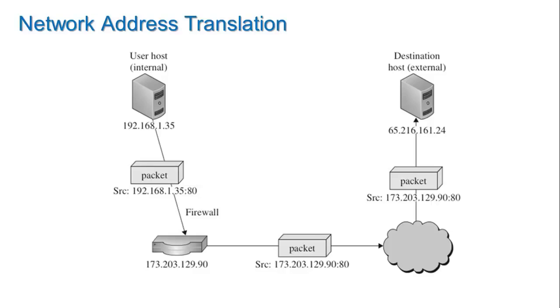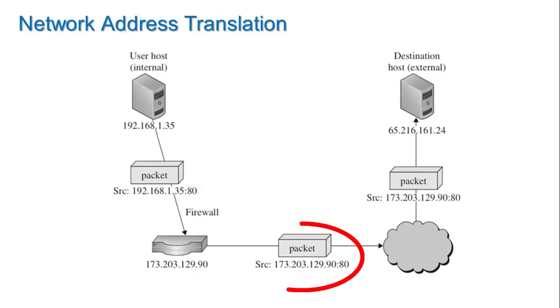When network address translation is properly implemented, the IP address of packets originating from an internal host is replaced with the IP address of the firewall as the packets leave the network. External hosts will thus send replies to the firewall's IP address rather than to the IP address of the internal host itself.